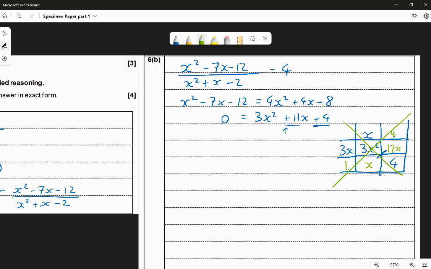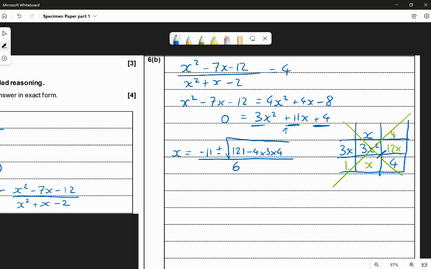So what I'm going to do instead is use the quadratic formula. I could try and complete the square to solve it, but this is quite a difficult quadratic to complete the square for. So I'm just going to use the quadratic formula. My a is 3, my b is 11, my c is 4. So x will equal minus b, so that's minus 11, plus or minus the square root of b squared, so that's 121, minus 4 times a times c, so minus 4 times 3 times 4, all over 2a, so all over 6.